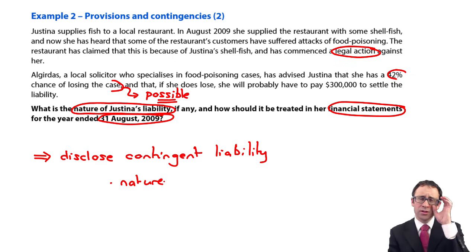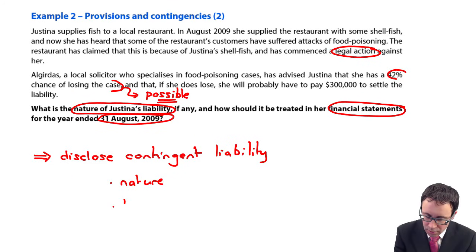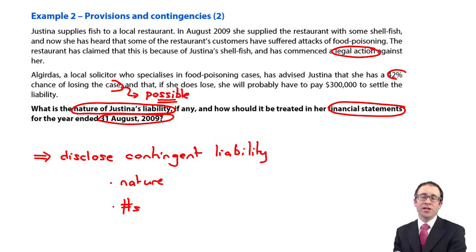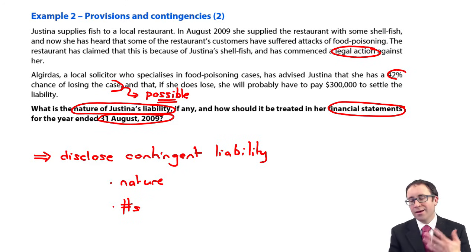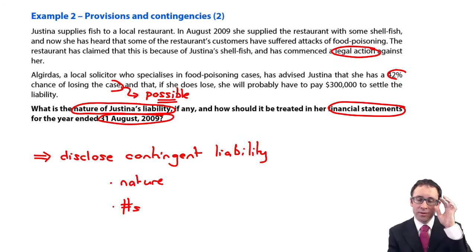Effectively, we just go through there and disclose the nature of the event, and then we will disclose as well the numbers, the potential financial impact. Okay, and then that will incorporate the likelihood of us having to pay that. So there is only a 42% chance, which is only possible.